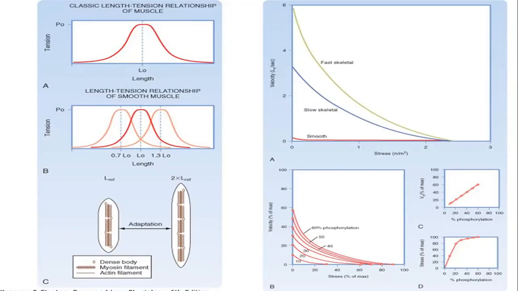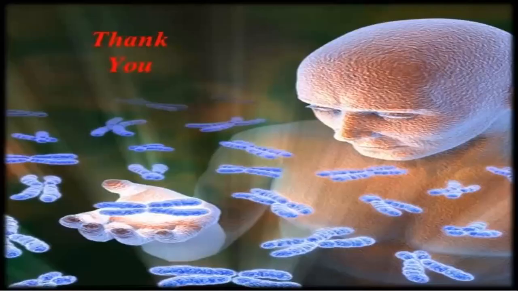Likewise, a brief time after shortening of a smooth muscle, there is a leftward shift of the length-tension relationship. The mechanisms underlying this length adaptation are hypothesized to reflect a change in the number of contractile units in series. So this is about the length adaptation of the smooth muscle.